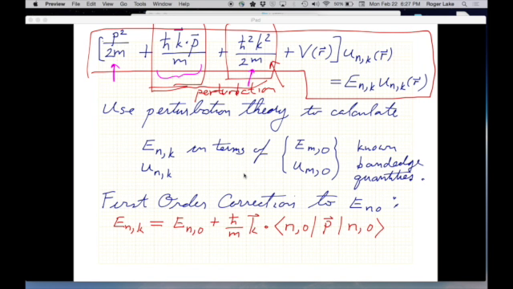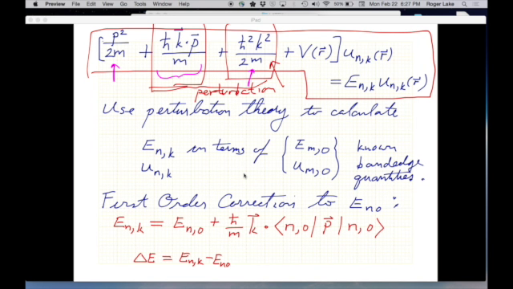So do you all remember first order perturbation theory? The change in energy, delta E, in case you've already forgotten Korotkov's course. Delta E is, in this case, E nk minus E n0.